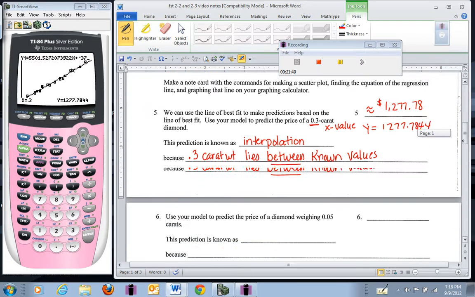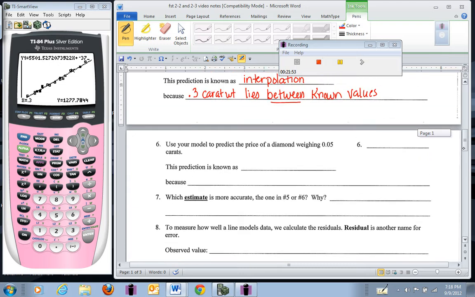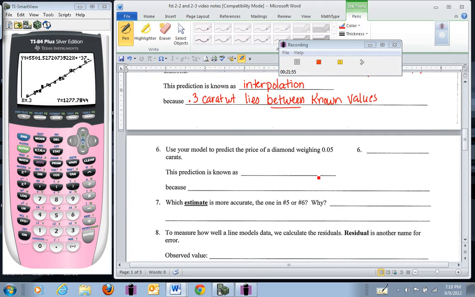Okay? Well, if we go to the next page, it says, use your model to predict the price of a 500 carat weight. All right, so I'm going to type that in, 0.05. And right when I hit enter, I'm going to get what's called an invalid error. You can go to where the error is, and it says 5/100 is invalid.